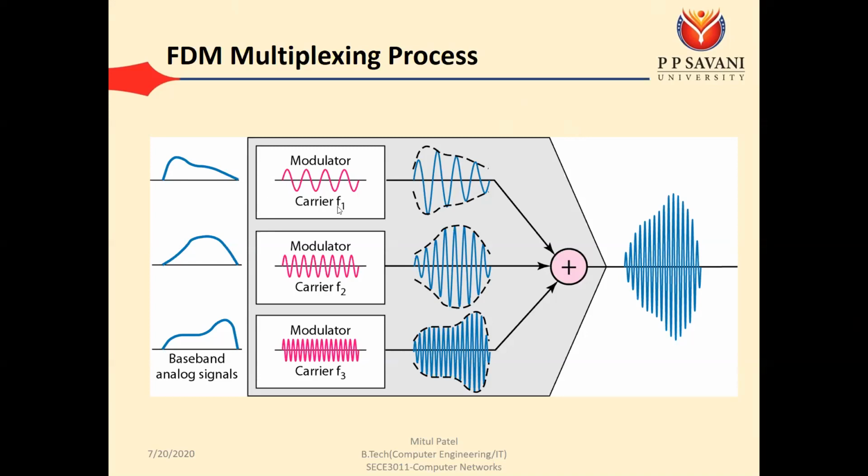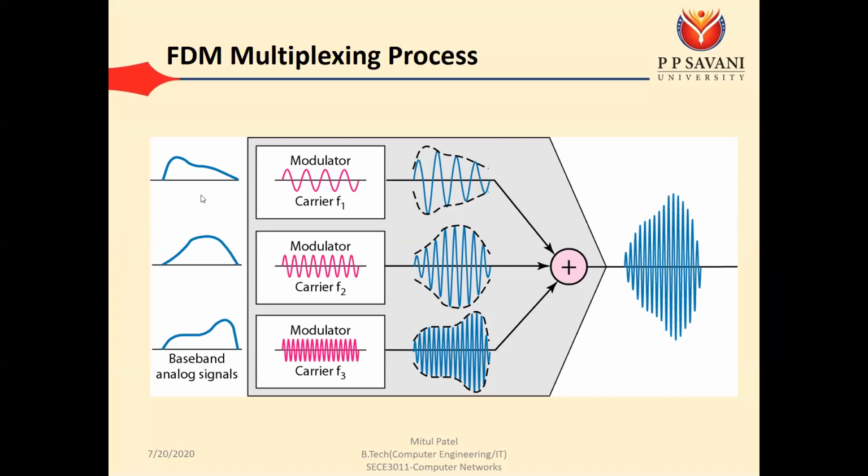When these both are combined, we have the modulated signal. These modulated signals are combined, creating a single composite signal that consists of multiple analog signals, and that is transmitted through the channel.